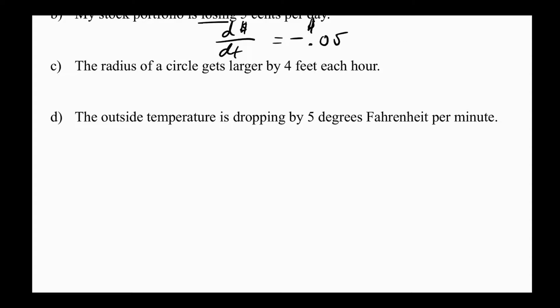The radius of a circle is getting larger by 4 feet each hour. That's the rate, 4, right? It's getting larger, so it's going to be a positive 4. dt goes on the bottom. On top, what quantity is getting bigger?